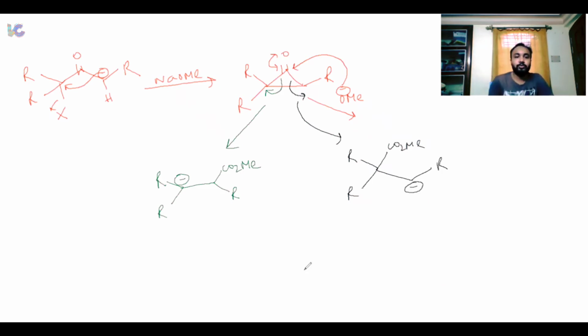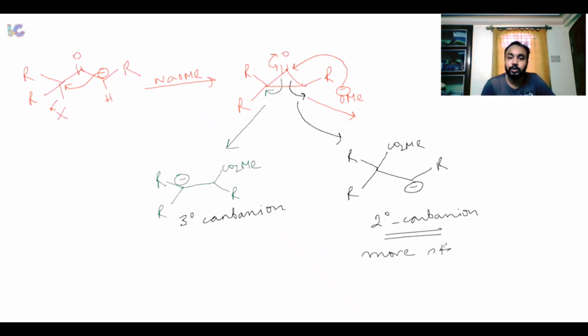Between these two, as you can see, here we are getting a 3-degree carbanion, and here we are getting a 2-degree carbanion. As you all know, a 2-degree carbanion is more stable than a 3-degree carbanion.